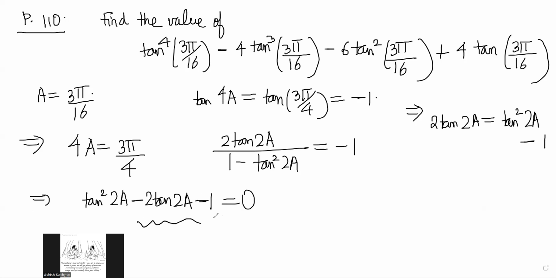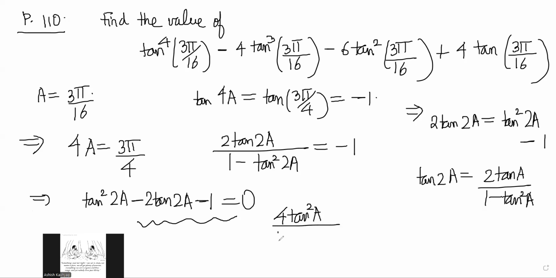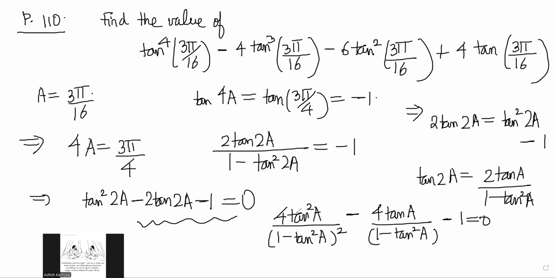Now, this equation can be simplified again by expanding tan 2A in this way. So tan 2A is equal to 2 tan A by 1 minus tan square A. So what we'll do is tan square 2A will be 4 tan square A by 1 minus tan square A whole square minus 2 times 2 tan A. So 4 tan A by 1 minus tan square A minus 1 is equal to 0, right?